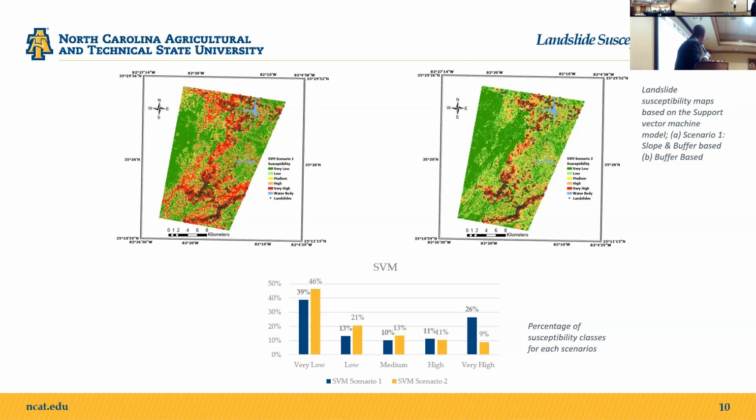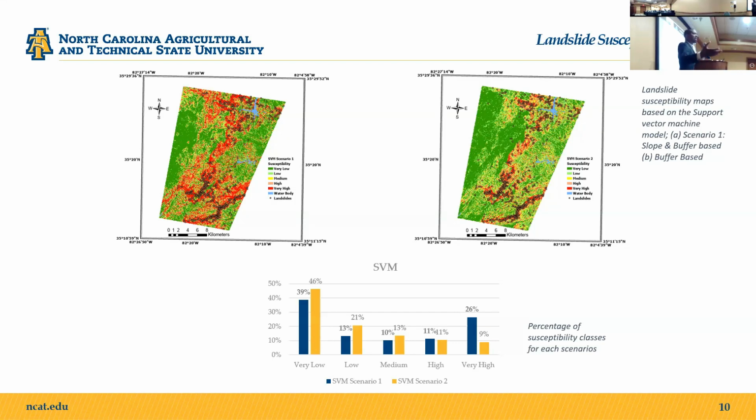So these are the maps that were generated after the whole modeling. This is what we did. We created the dataset and used it to train the model. Then after the model was trained, we got the value of each factor for each pixel of the whole study area.